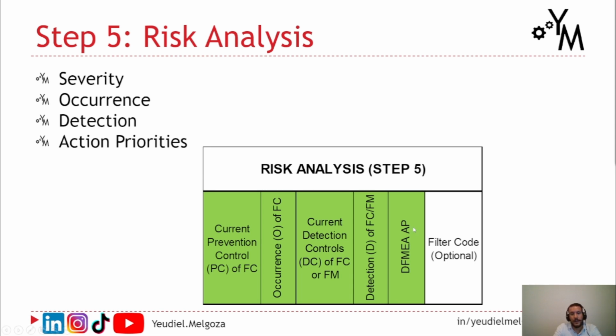For a high level in the AP, action to improve prevention and/or detection controls must be taken. It is mandatory. For all the failure modes that we are considering as high, the action is mandatory, and we need to act immediately. Later, if the AP is medium, an action to improve or prevent or detect the controls should be taken.